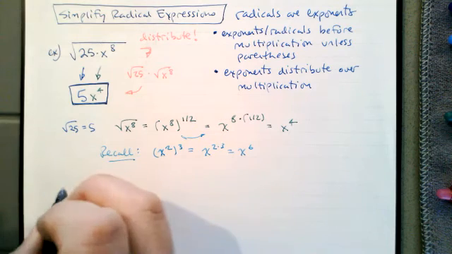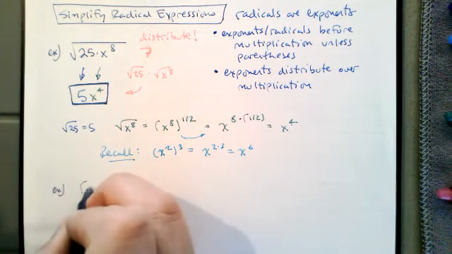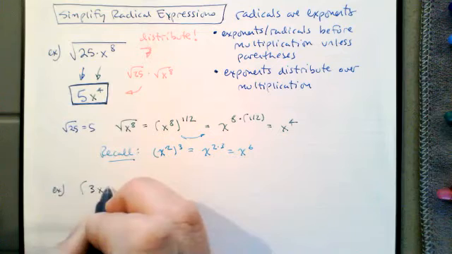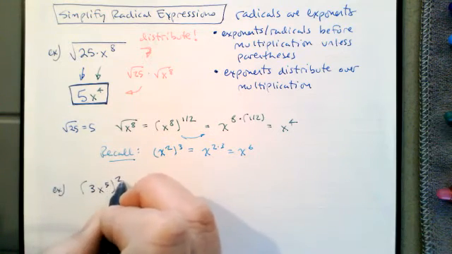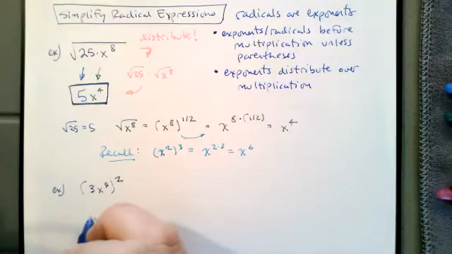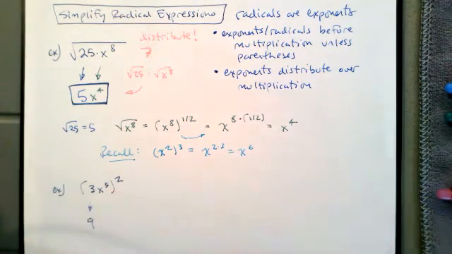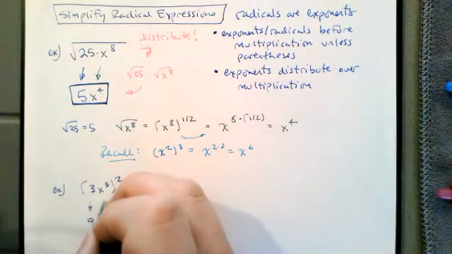If, for example, I had, let's say, 3x to the 5th all squared, I know that we would simplify this as 3 squared, which is 9, and x to the 5th squared is x to the 10th.